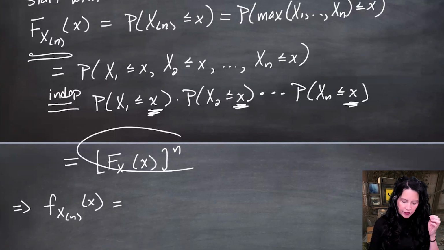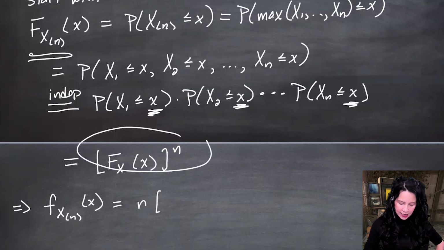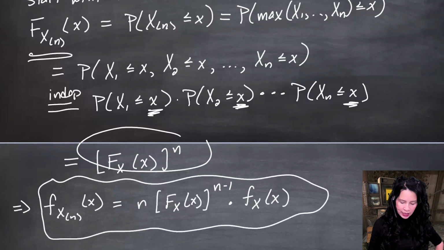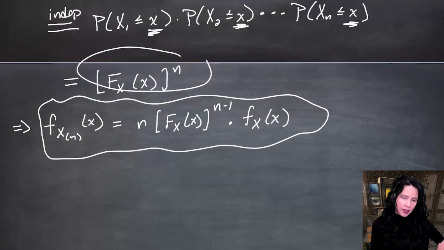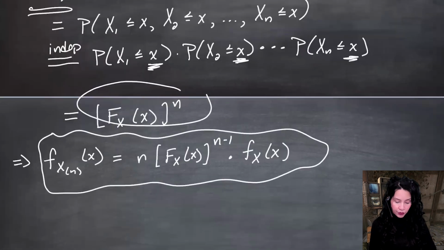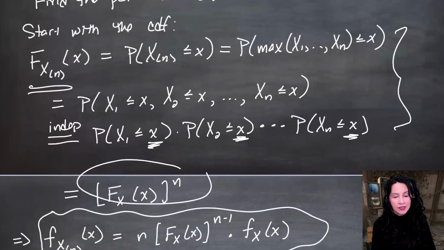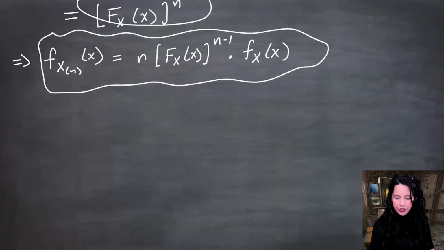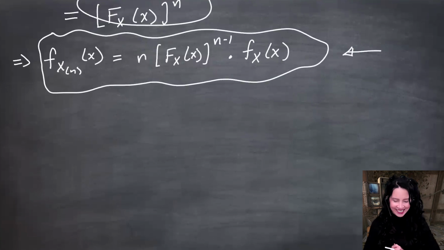I'll get n times the CDF of X to the n minus 1, times the derivative of the inside, which is the PDF for X. So there is a formula in a wiggly box if you want a formula. But again, I would probably just do this. Writing these steps out was not a big deal, and it gives you some intuition, whereas a formula maybe does not give you any intuition.